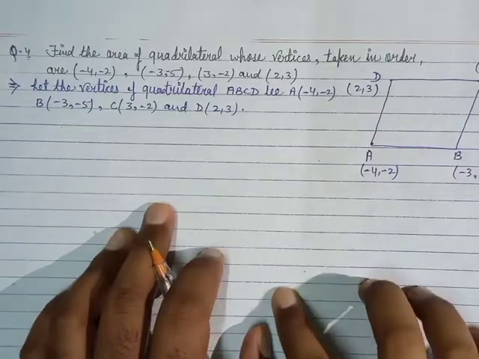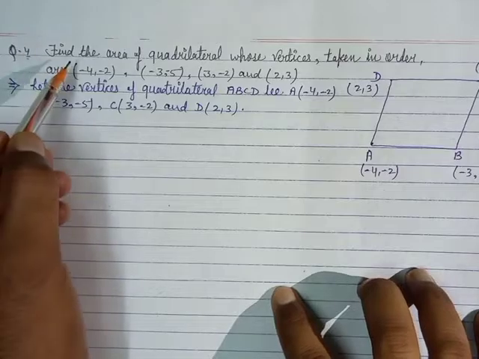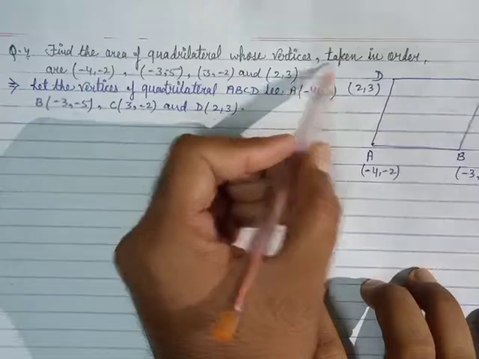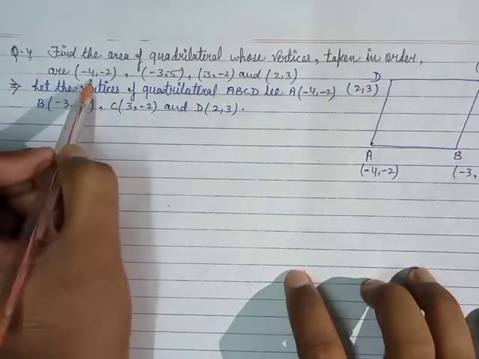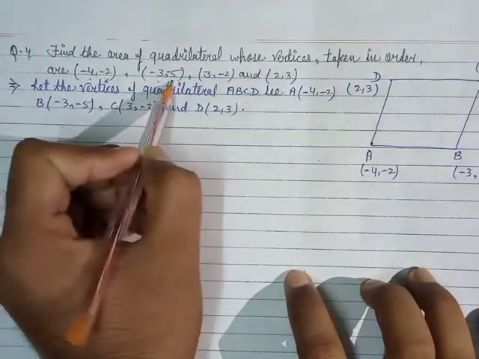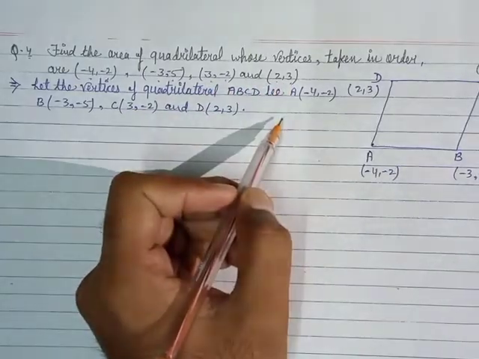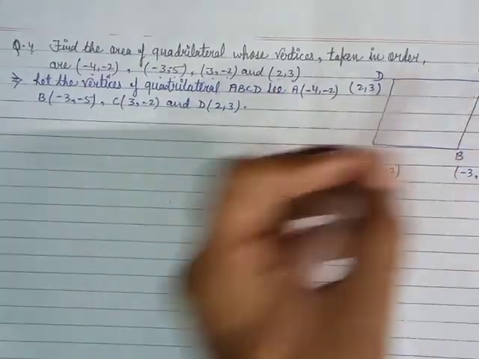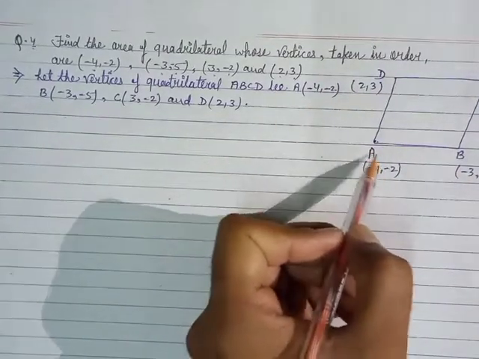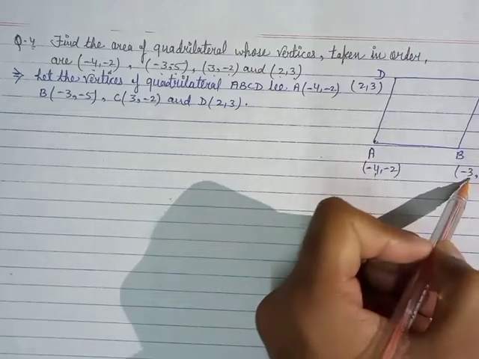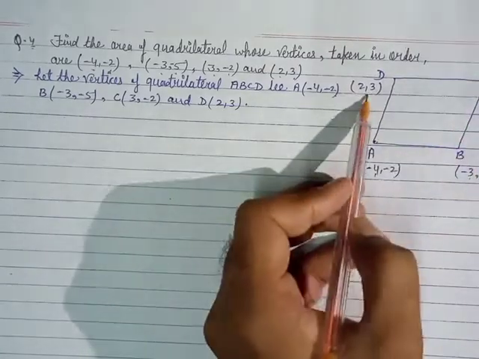Now we solve question number 4. Find the area of quadrilateral whose vertices taken in order are (-4, -2), (-3, -5), (3, -2), and (2, 3). Let us take a quadrilateral ABCD, and the coordinates of the vertices are given here: A (-4, -2), B (-3, -5), C (3, -2), and D (2, 3).